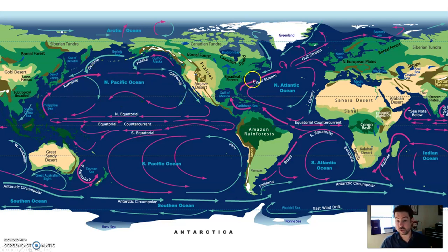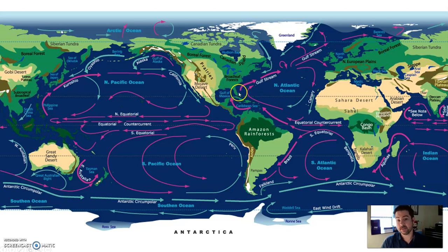And it does so, in general, in a clockwise pattern north of the equator. South of the equator, that flow, known as a gyre, is counterclockwise. But you get warm water coming down, cooling down, heading back up to the equator, and that process happens over and over again. So clockwise north of the equator, counterclockwise south of the equator.